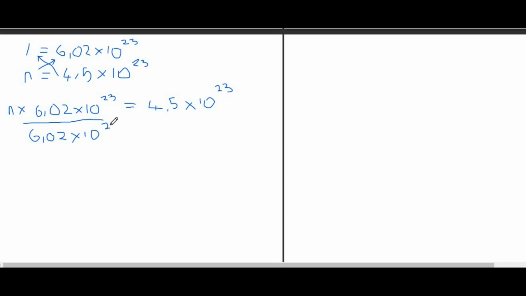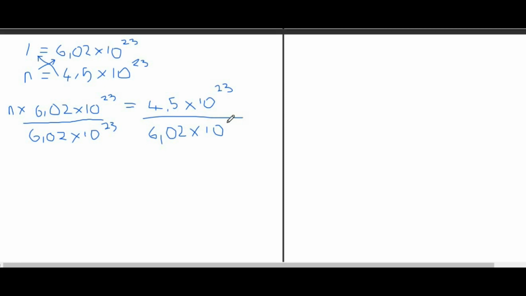So remember, what you do on the right, you must also do on the left. So even on this side, you must also now divide by 6.02 multiplied by 10 to the power of 23.